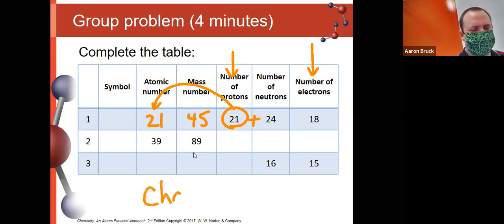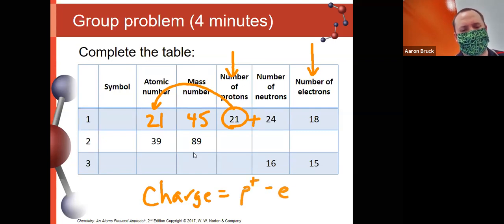Charge is equal to protons minus electrons. So 21 minus 18 is a positive 3. So my symbol is going to look like this. Mass number of 45, atomic number 21. That is scandium as my element, and positive 3 as my charge.